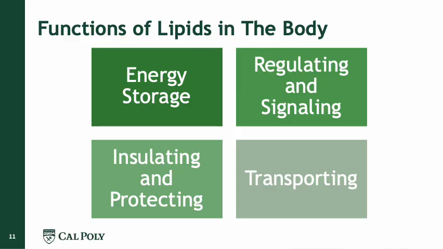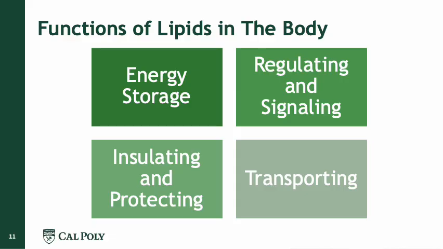But that's not the only function of lipids. We also have the function of regulating and signaling. Lipids are very important in the cell membrane. As you may recall from biology classes, phospholipids are an essential part of the cell membrane, and those are also lipids.